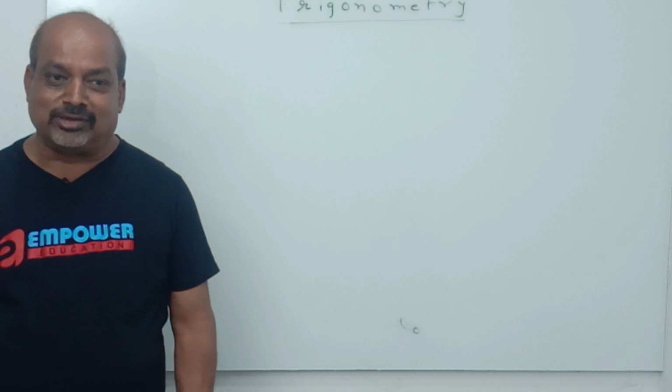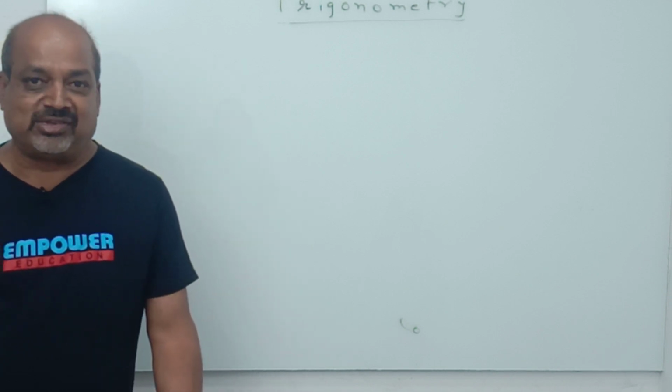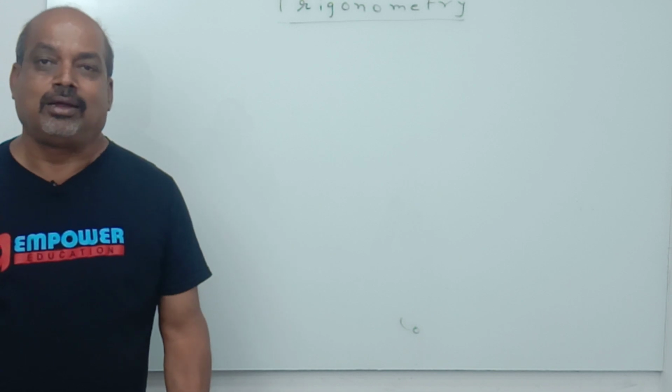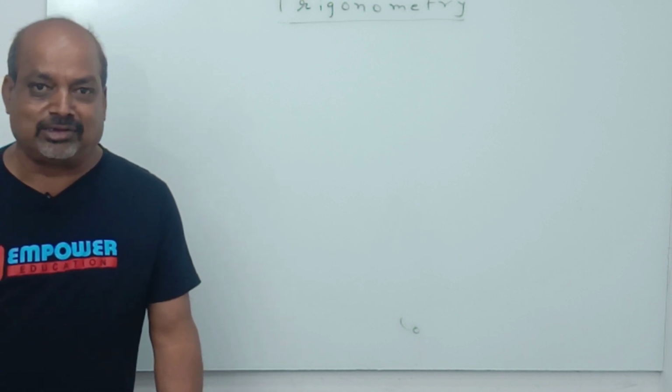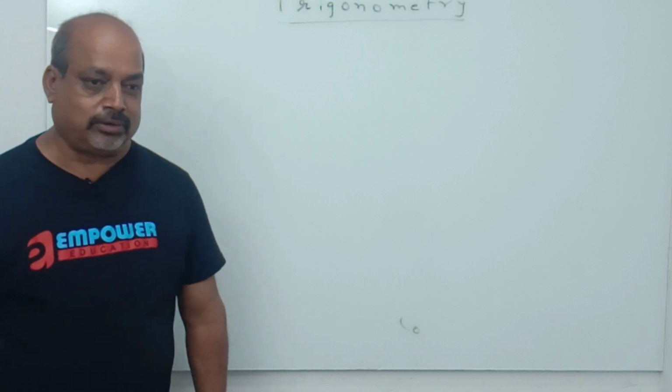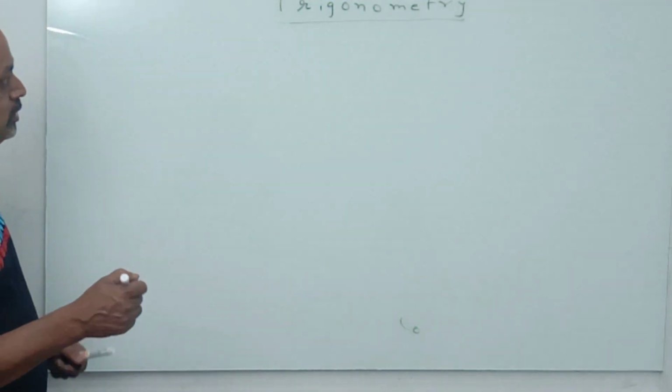Today we are going to consider 10th standard and 9th standard trigonometry, some basic concepts, and then in the next class some higher trigonometric identities that I will solve. So trigonometry consists of 6 trigonometric ratios.